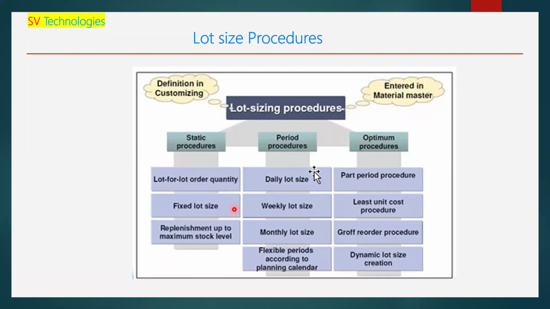Why? Because we have maintained a fixed lot size of 100. That is based on client requirement. If such a requirement comes, we need to choose the fixed lot size.